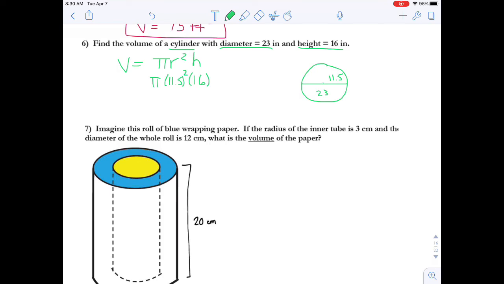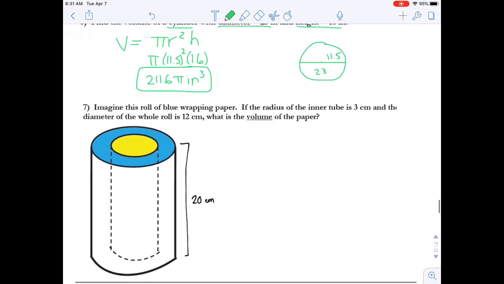Again, we want to leave this in terms of pi, so 11.5 squared times 16. Oops, 11.5 squared times 16 is 2116 pi inches cubed.